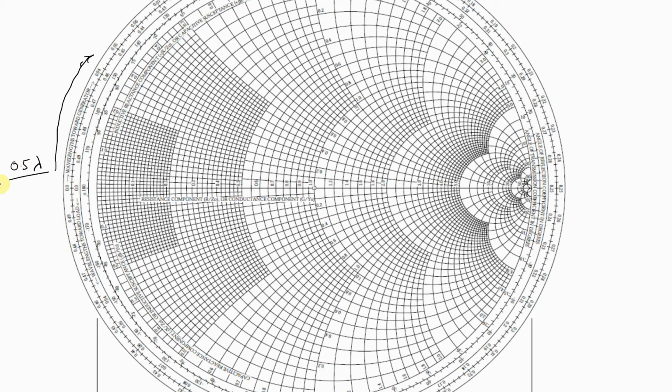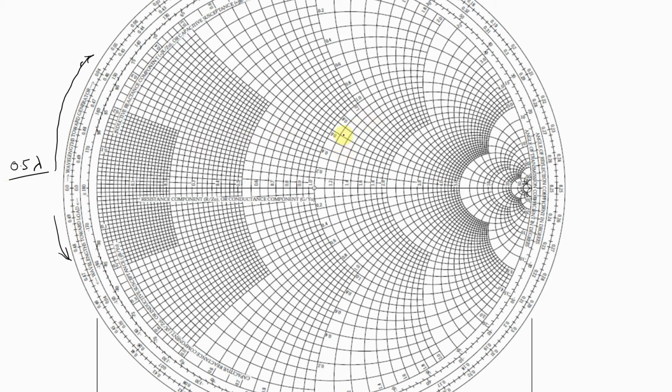Clockwise rotation is wavelength towards generator, and anti-clockwise is wavelength towards load. The anti-clockwise direction is also 0.5 lambda.